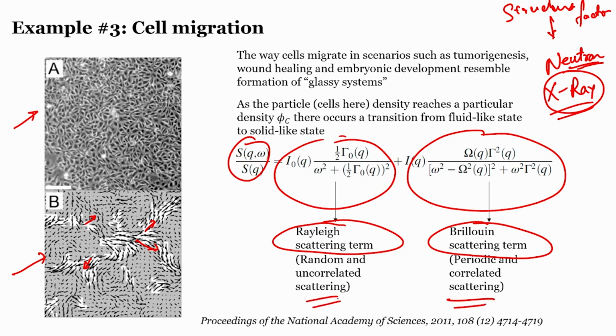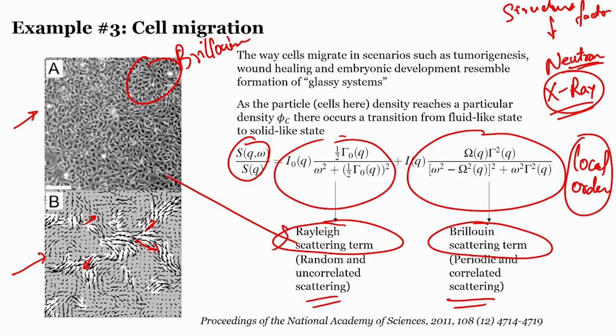The difference is, as I have mentioned in the previous slides, that there will be something called local order, and there will be a case where there is complete disorder. This local order, whatever is present in this particular system, is captured by Brillouin scattering, and the complete disorder, which is also called chaotic, is taken care of by the Rayleigh scattering term.